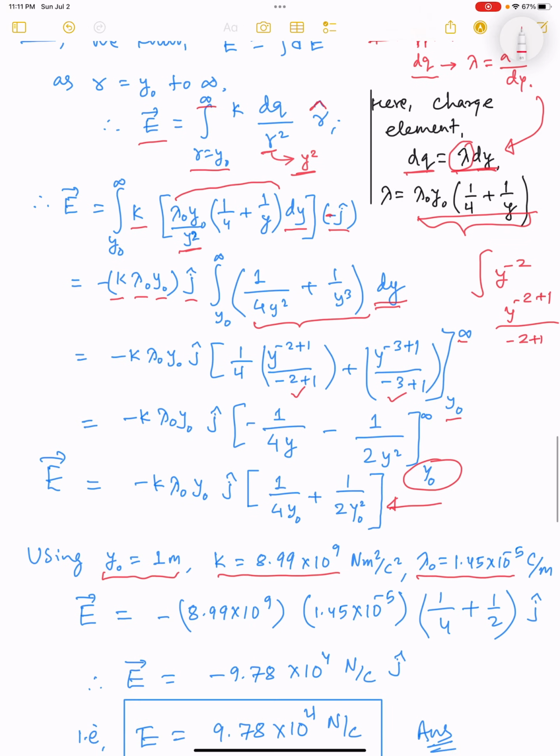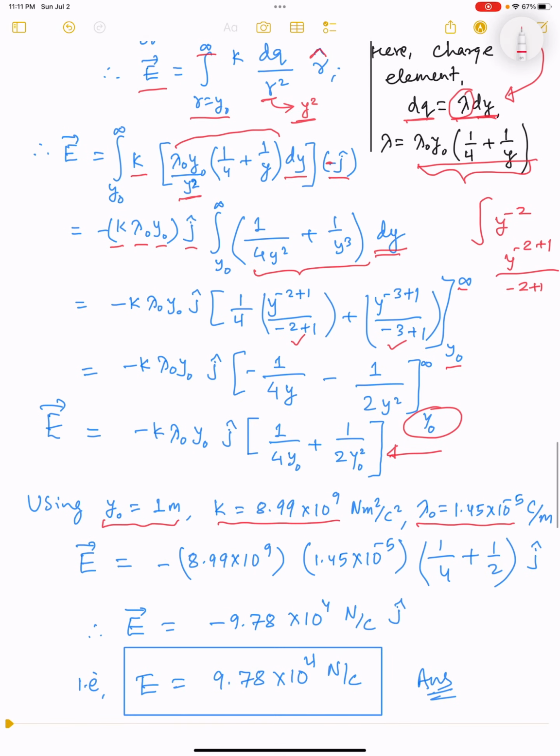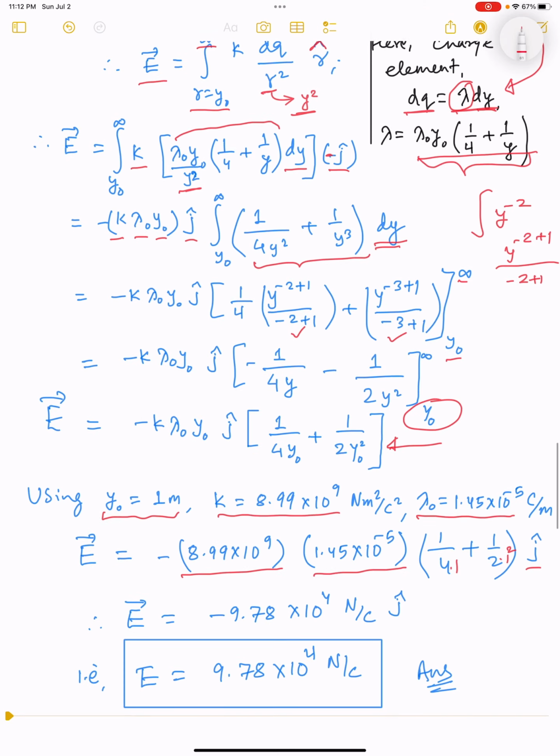Whenever you use all the values, this is k, this is lambda naught, and this is j. So 1 over 4 y naught means 4 times 1, 2 times 1 is squared. It's the same, so when you solve all the mathematics, you'll get this value.